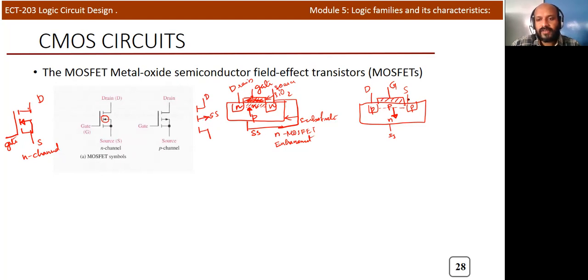In most cases, the source terminal and the substrate terminal are at the same potential, so you can short these two terminals. We know that the SiO2 layer is an insulating region, so here you can see a gap, and here also some gap. That gap indicates the insulating portion. So this is the structure of the P-channel MOSFET.